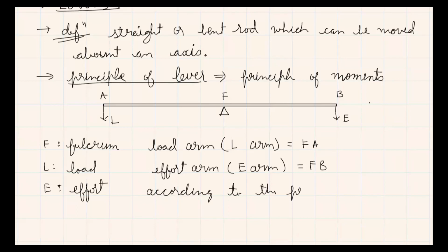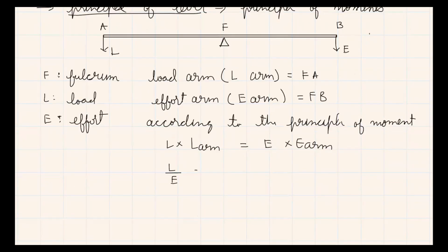By the principle of moments, load into load arm is equal to effort into effort arm. Load upon effort is equal to effort arm upon load arm. But what is load upon effort? So MA is also equal to effort arm upon load arm.